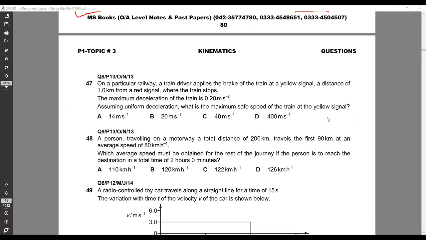So practice question 47. Do not forget to convert kilometers into meters. 1 kilometer is 1,000 meters.